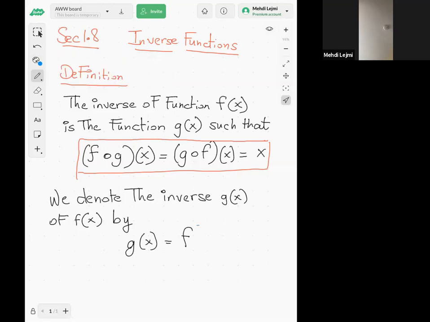So f power -1 is just a notation for the inverse.